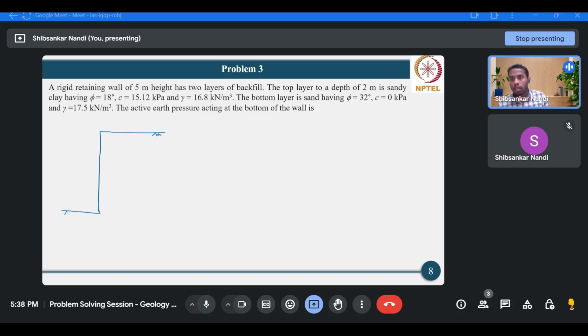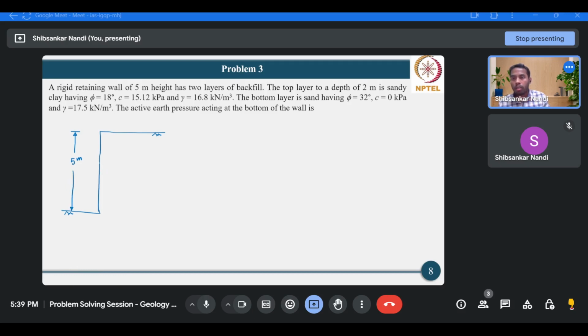So this is the rigid retaining wall, and it has a height of 5 meter, and it's retaining two layers of backfill.